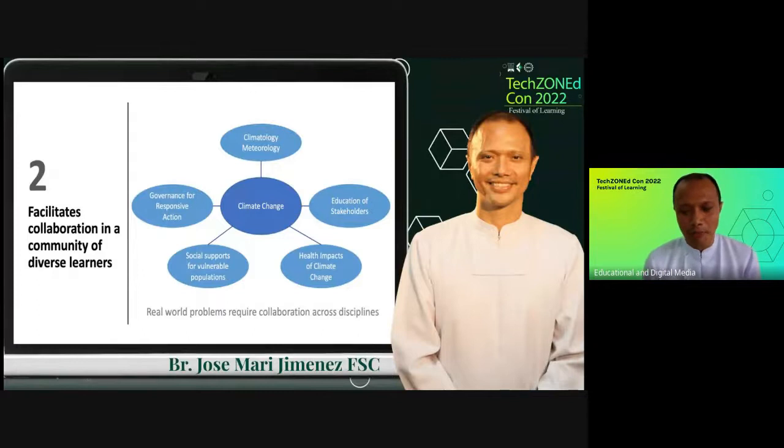So there's a political dimension to that as well. Of course, there's an educational dimension to it, and so on and so forth. So this is another example of a real-world problem that, if we are to address it adequately, will require us to collaborate across disciplines. So one real challenge to all of us to embrace a learner-centered environment is to work with persons from other disciplines.